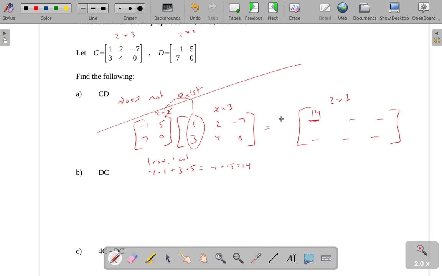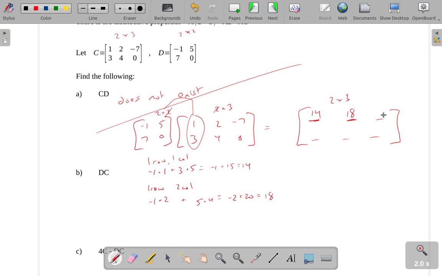And I can do this for all of these. This one is the first row, second column. I take the first row, the 1 and the 5, and the second column, the 2 and the 4. I do the multiplication, which gives me -2 plus 20, and adding those gives me 18.